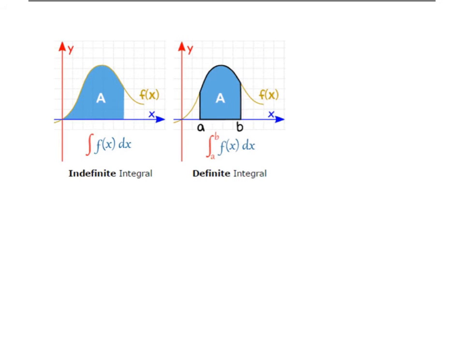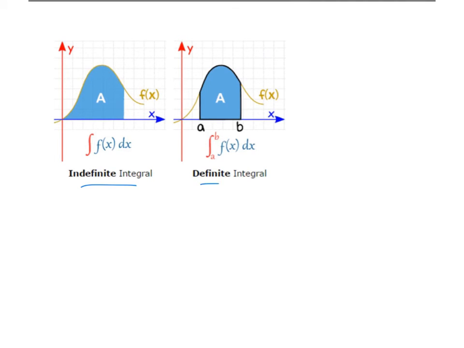So here's just a quick illustration about what we're trying to find. If we're using an indefinite integral, we're talking about the area under a curve in any part of the curve, right? Not a specific part of the curve, but anywhere on that curve.